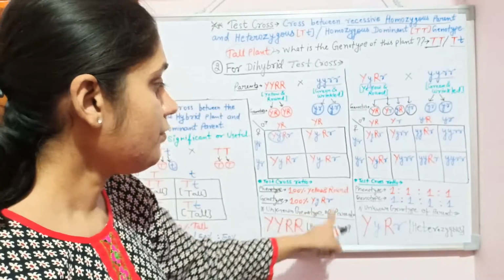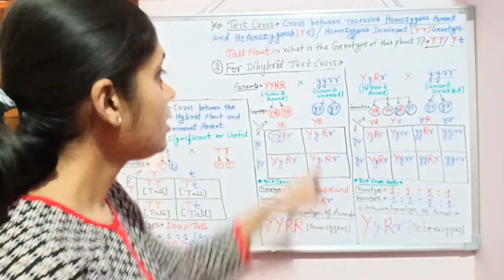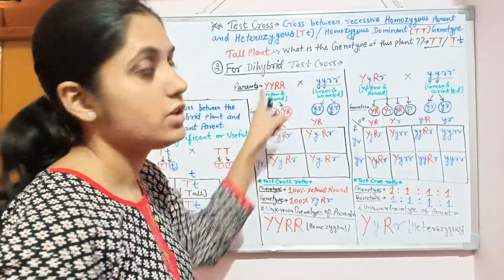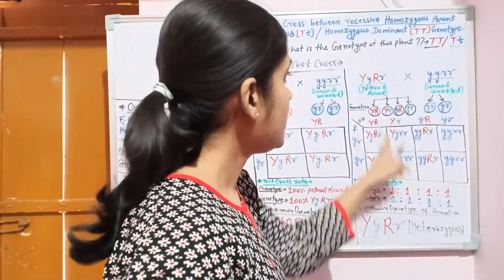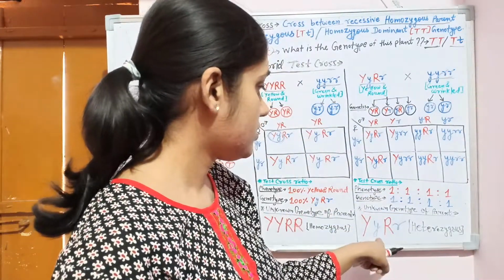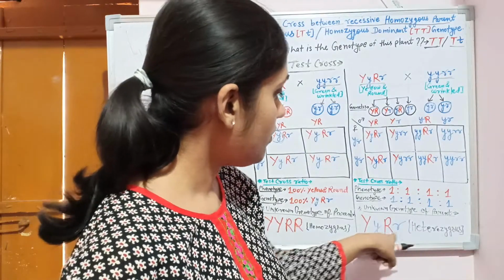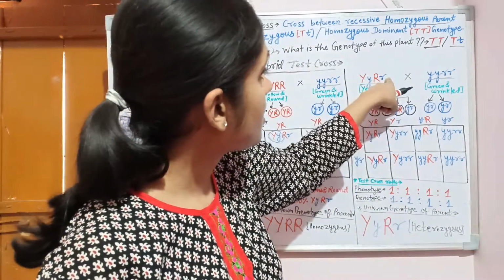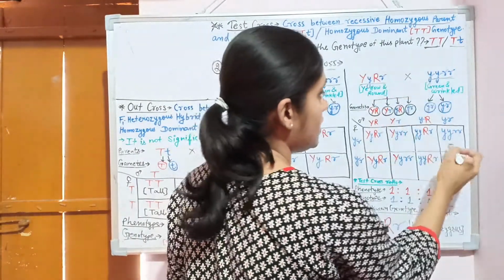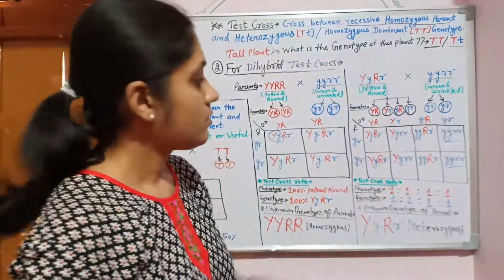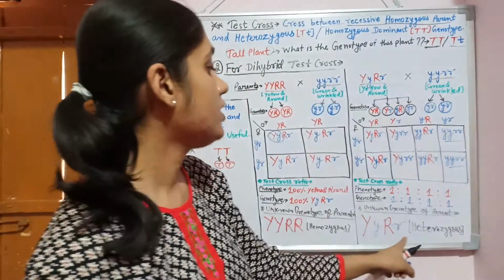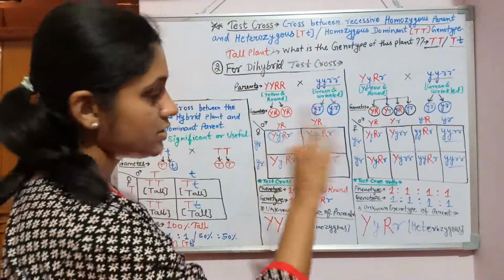If the recessive character is present, then the parent we take with this recessive must have one allele of the recessive type that is present here, not here. That's why here the unknown genotype is heterozygous, because this small y and small r, this recessive character, is present in this. So this recessive and this recessive form a generation, then it is heterozygous. So the unknown genotype is heterozygous. Okay, so this is the test cross.